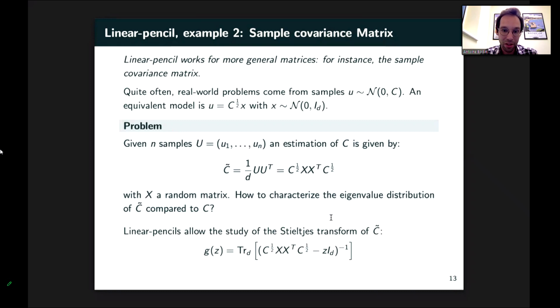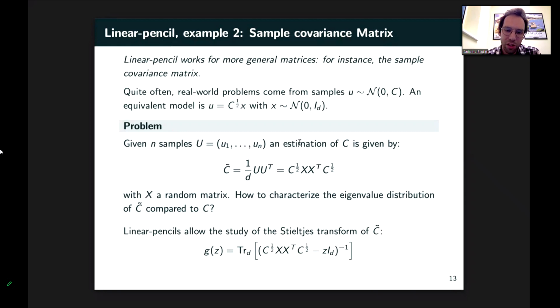What that means is that there are for sure some errors that come from this sample covariance matrix that you're trying to calculate. So just to set things up in the mind.